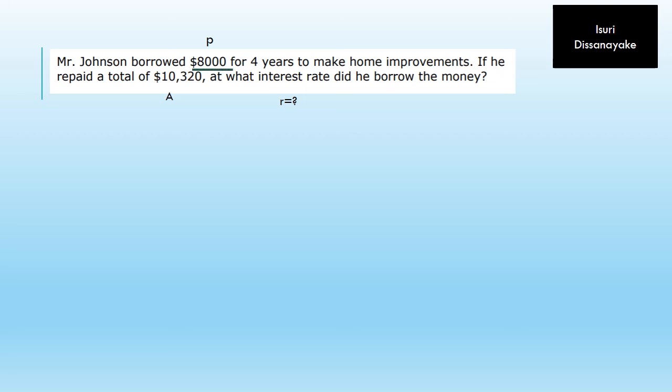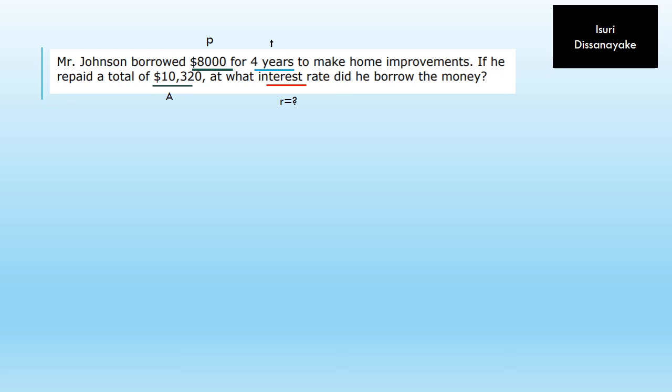The amount he borrowed, 8,000, that is P, and the time is 4 years. So the total amount that he had repaid is 10,320. And the interest rate is what the question asks.